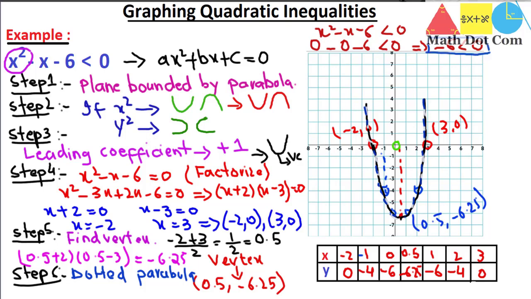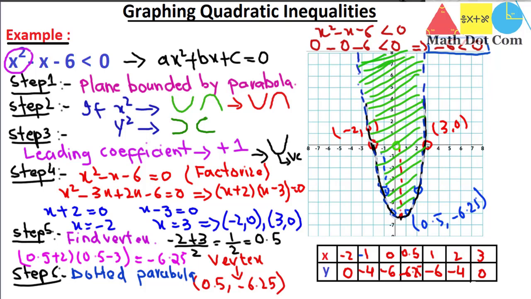It means that we will consider the area that is enclosed by the parabola rather than the area that is outside the parabola. If I highlight that area, you will better understand it. You can say this area will be the solution set of the given inequality. If I further shade it like this, this shaded area will be the solution set of the given inequality.